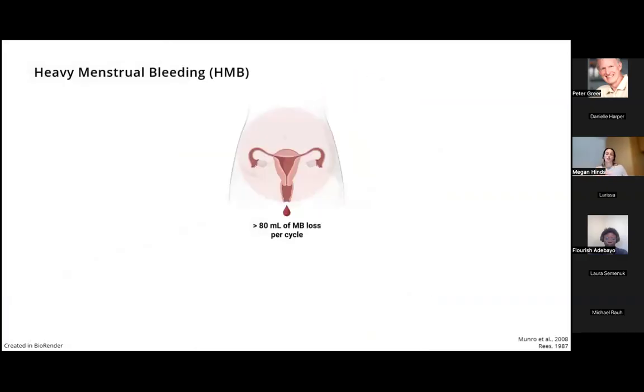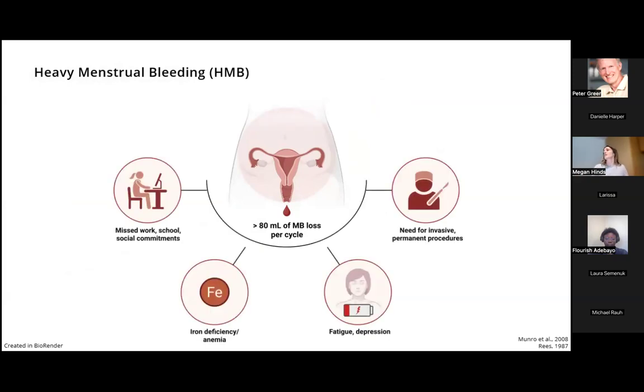So in contrast to normal menstrual bleeding, heavy menstrual bleeding is clinically defined as more than 80 milliliters of blood loss per cycle. However, a broader classification includes excessive menstrual blood loss, which impacts an individual's quality of life. And this is reflected in things like missed school, work, and social obligations for these individuals.